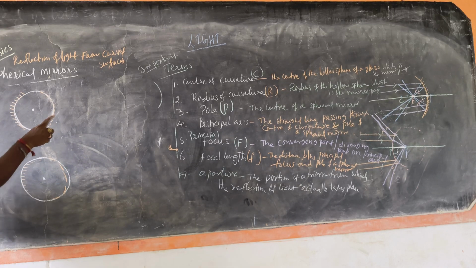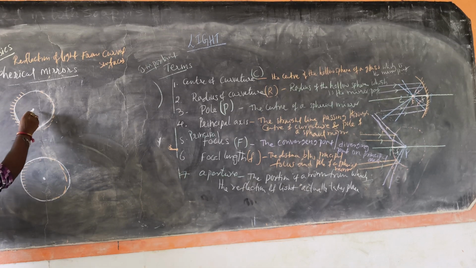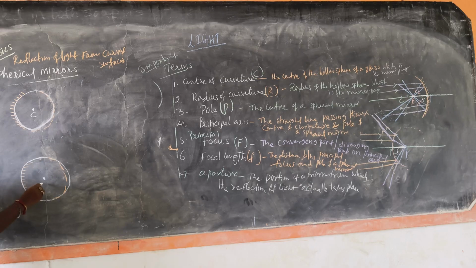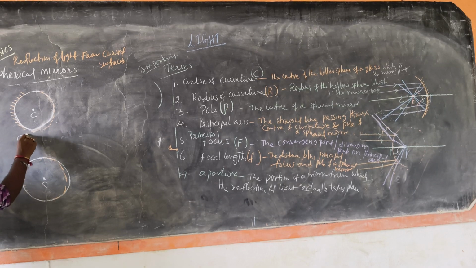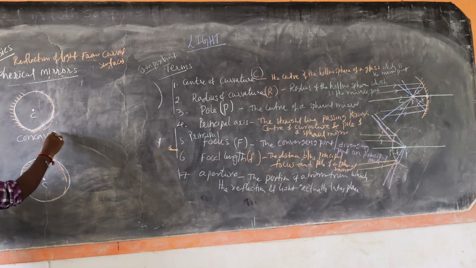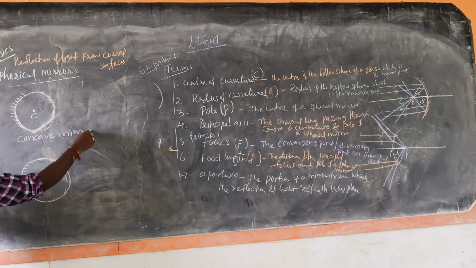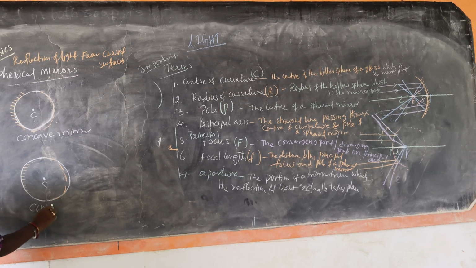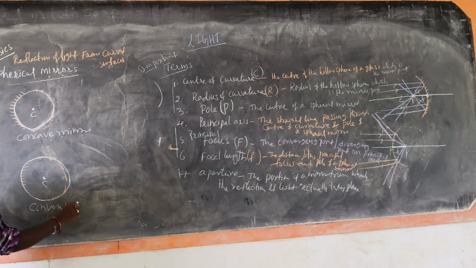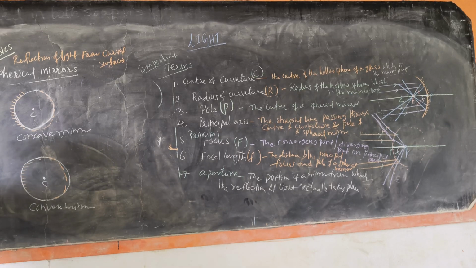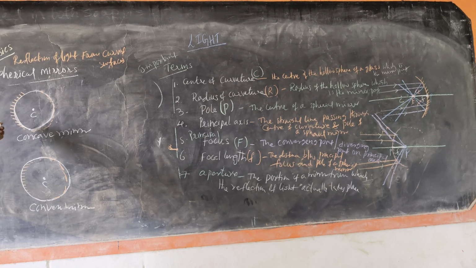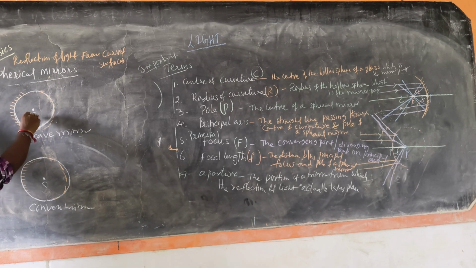Then what is the center of curvature? C is the center of curvature. This is a concave mirror. This is a convex mirror. The center of curvature is the center of the hollow sphere of glass, of which the mirror is a part.